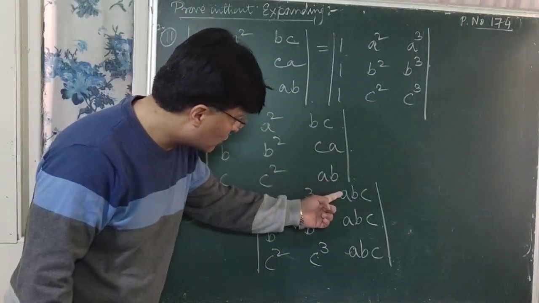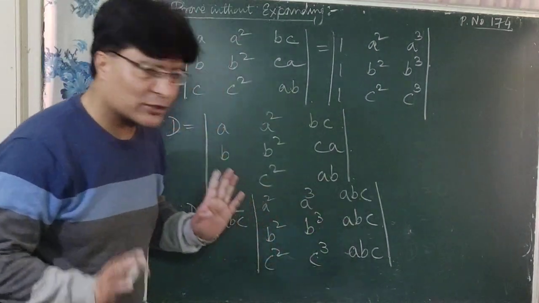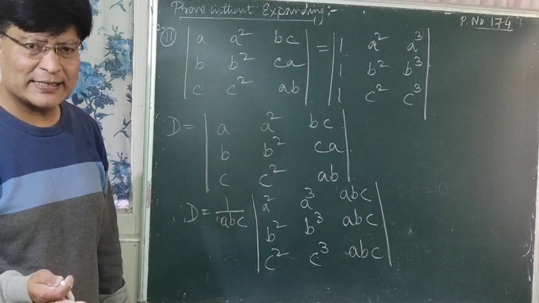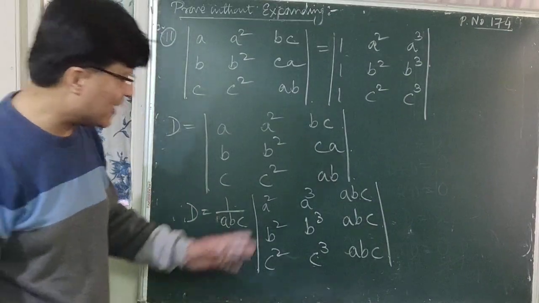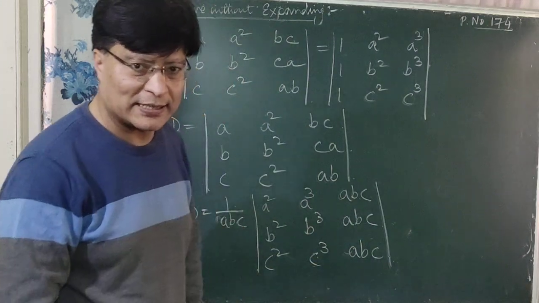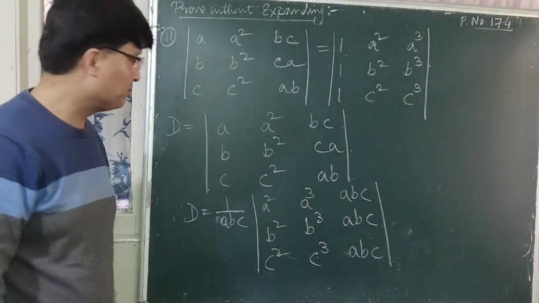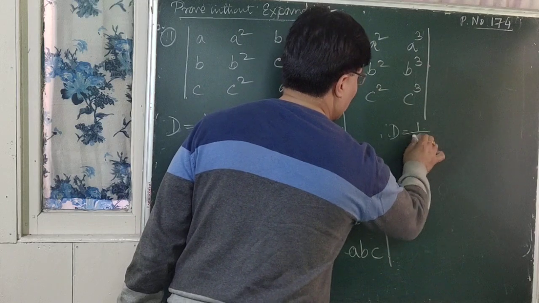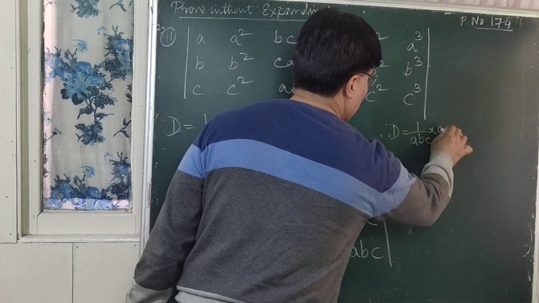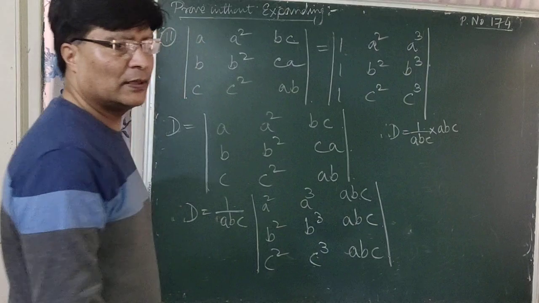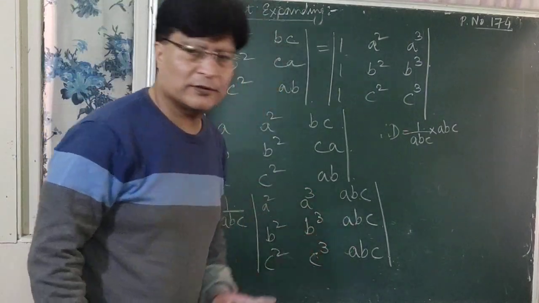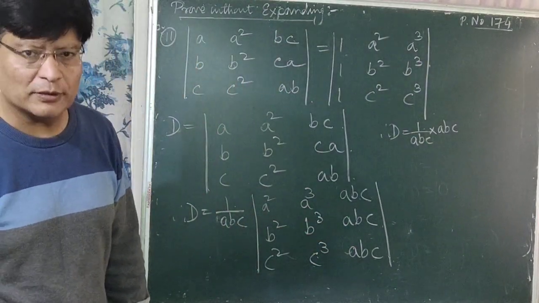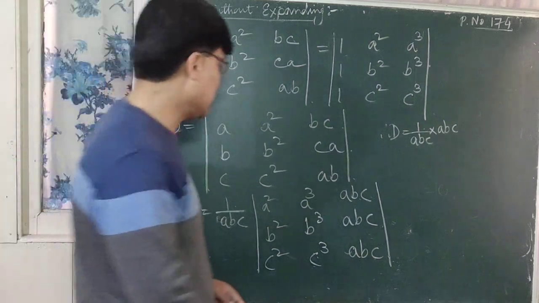Now there is in the third column ABC, ABC, ABC. It is common, right? You can take it outside. You can take that common ABC outside the determinant sign. Therefore, D is equal to 1 upon ABC into ABC. This ABC from the third column is taken common from the determinant, right?